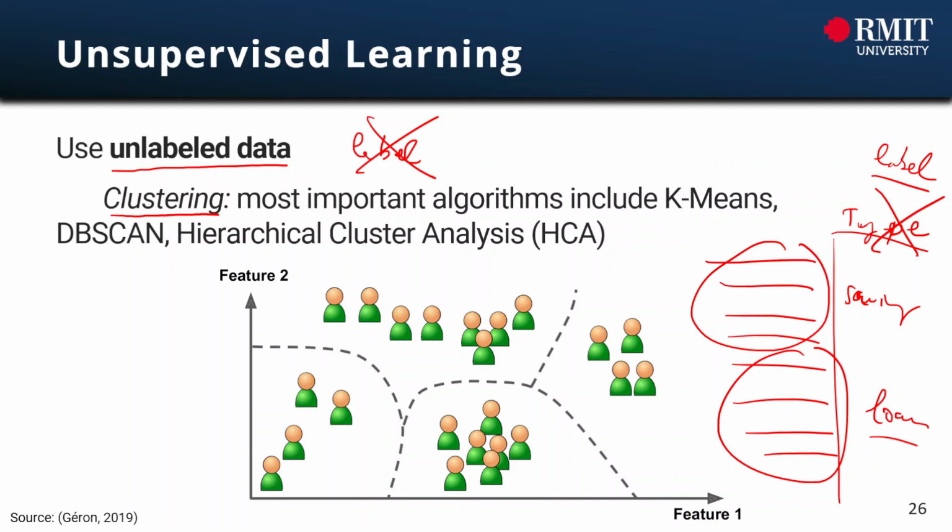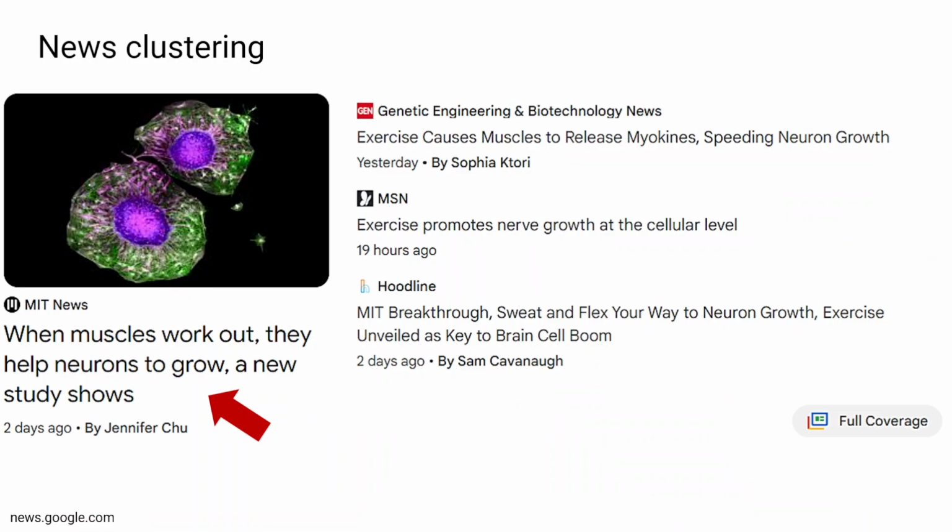And here are some algorithm names. K-means, DBSCAN, PCA. Okay, just to give you the names. Here is an example of news clustering. Let's say on the internet one day there are a thousand or more news articles, and the news publishers don't give any tag for their news.